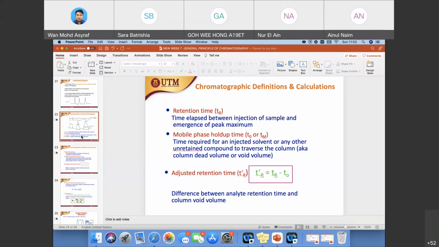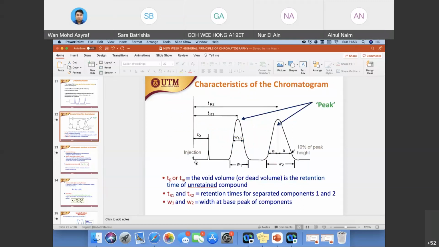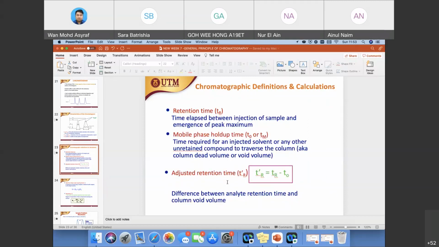So for whatever calculations you do after this, the real retention time is TR1 or TR2 minus the T0 or TM here.